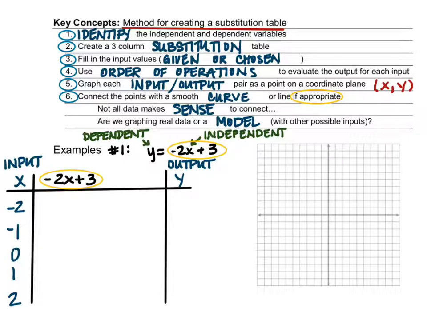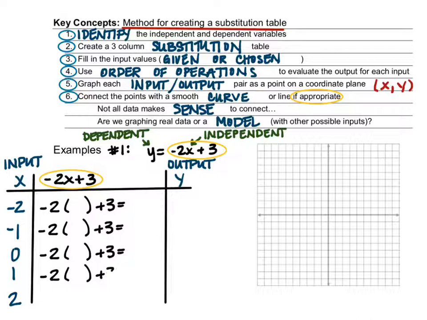So when I do this, I have this function. It's a machine. And so I'm always going to be multiplying by negative 2 and adding 3. So I'm going to write out this concept of this function for each one of these input values. So negative 2 times whatever my input is plus 3.